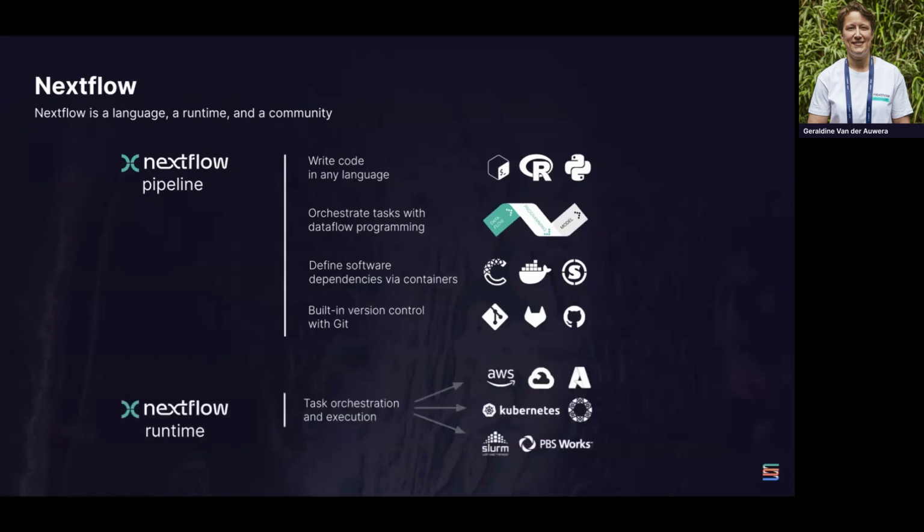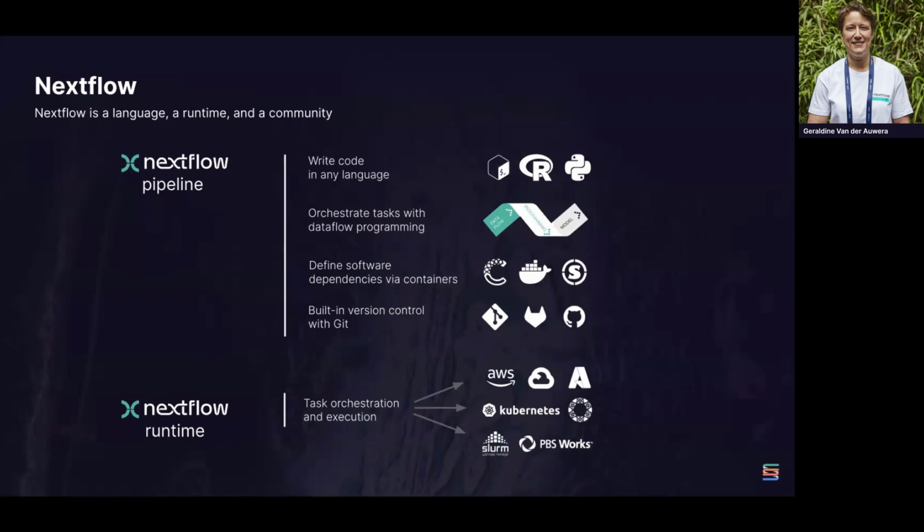In addition, at the level of the runtime, the system is set up so that you can use pretty much any of the major infrastructure options that you might want for the task orchestration and execution. So whether you're working with one of the major clouds like AWS, or a different platform, maybe your institutional HPC, Nextflow will allow you to connect to that and execute your pipelines on whatever platform you're already using.